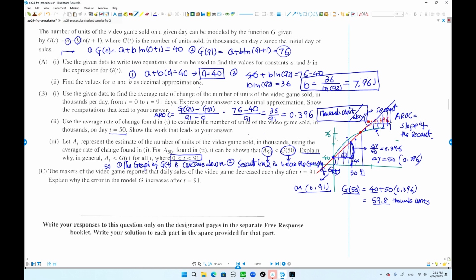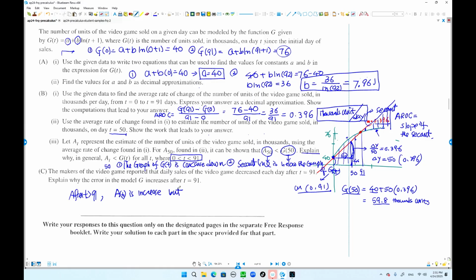Okay, after 91, the slope, the value of the secant is increased. You can see that, right? After now, you can say after t is greater than 91, the value of the secant is increased.